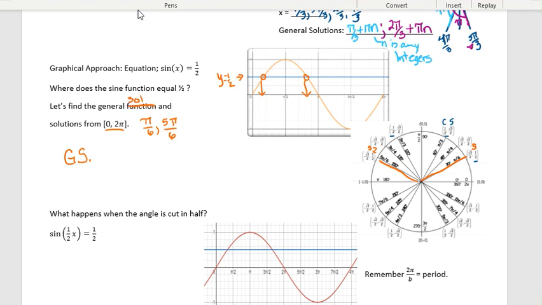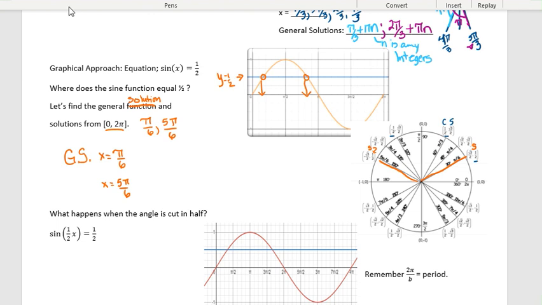This should say solution. I messed that up. I would blame somebody else, but that would be me. Okay, general solutions are going to look like this. Okay, so you're going to have x equals pi over 6 and x equals 5 pi over 6.